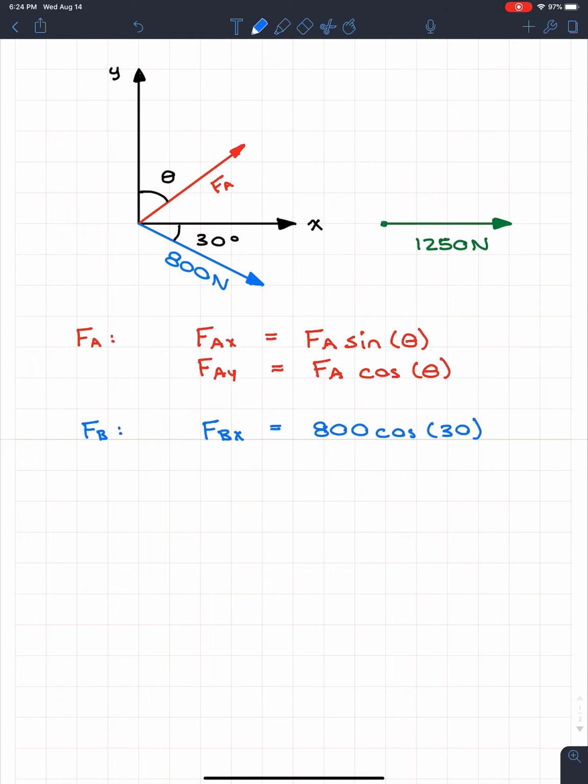And FBY is going to be equal to 800 times the sine of 30 degrees. All right, so that looks a little bit better. We can actually put values in there. Those are actual numbers, so things are picking up.